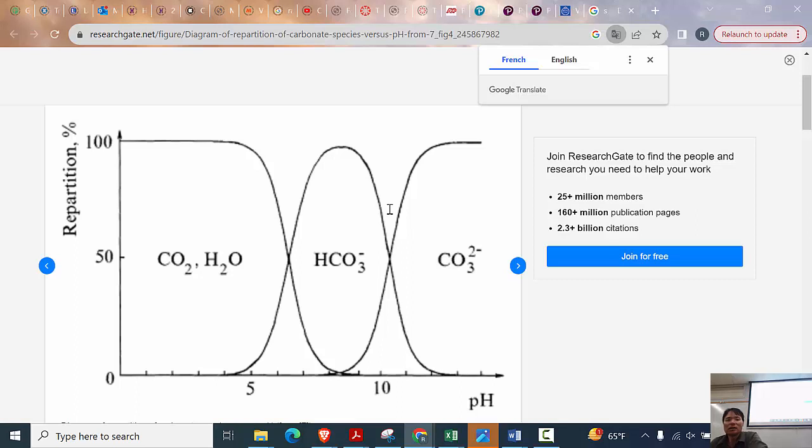So, for example, when I start titrating this, between pH 0 and 5, it's all CO2 and water, or carbonic acid. CO2 and water is carbonic acid. But once I get to pH 6, 7, when I get to pH 7, is there any more carbonic acid left? No, it turns out there's no carbonic acid left.